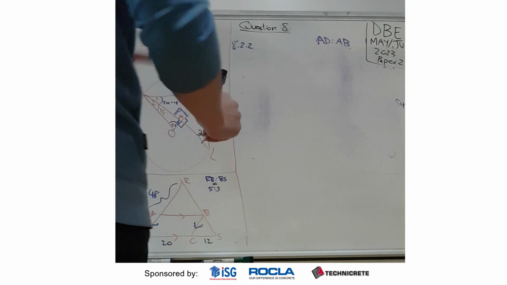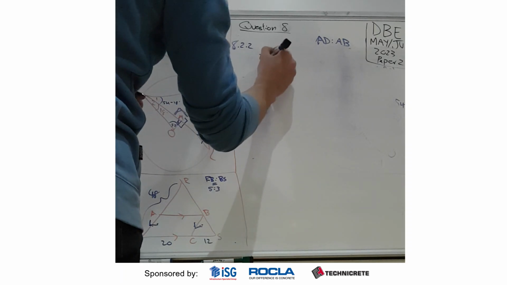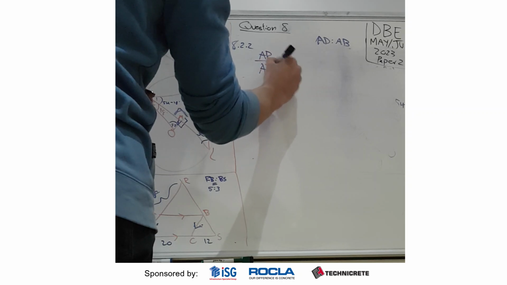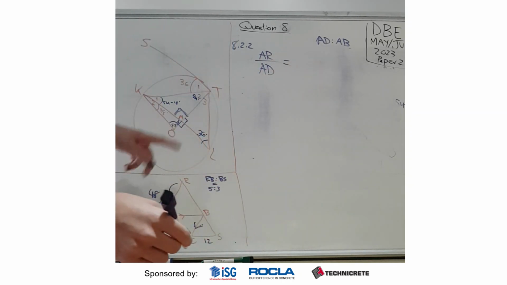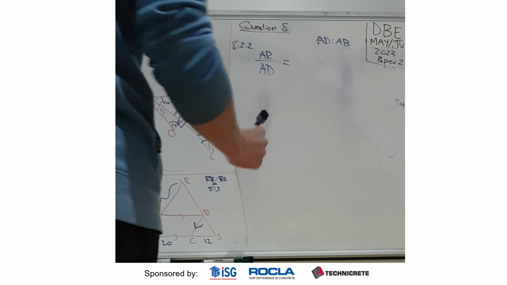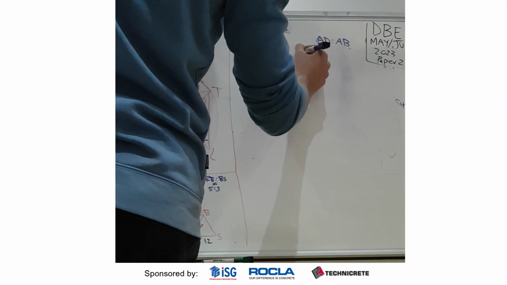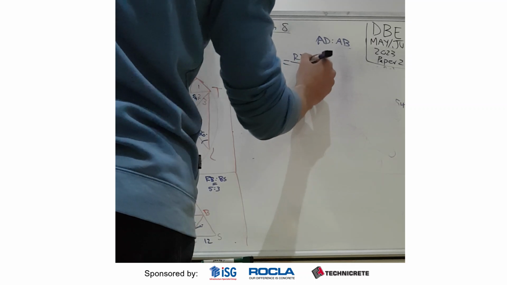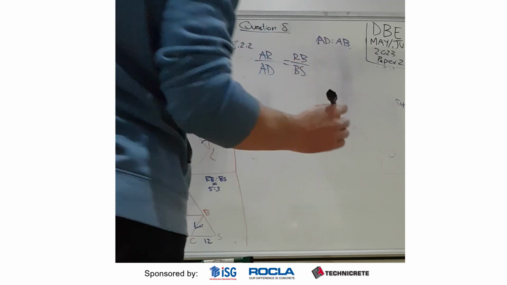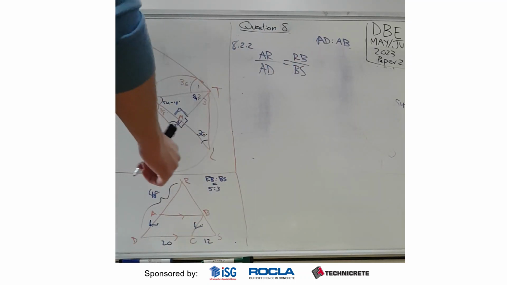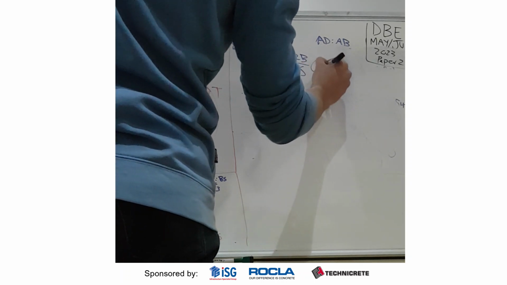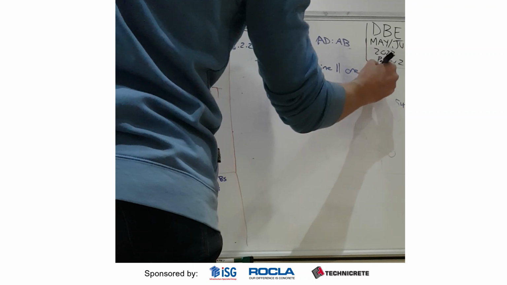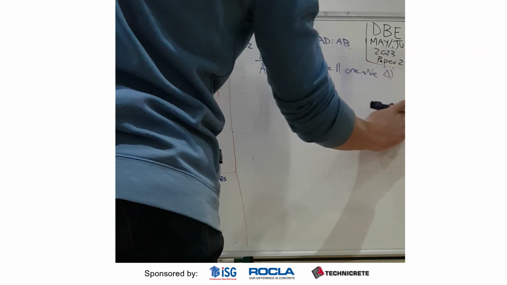How we ought to start, I think, is AR divided by AD should be exactly the same ratio as RB over BS. The reason for that, line parallel one side triangle.